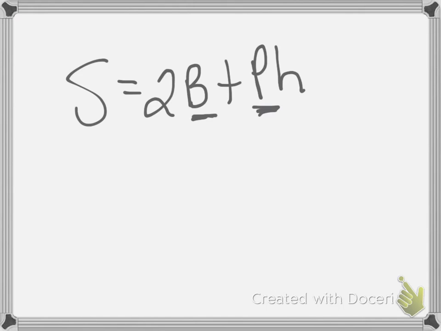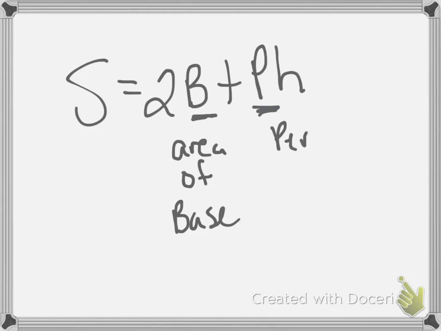Then this P right here is the perimeter of the base. The H, of course, is the height of the 3-dimensional shape. So since it's a prism, you can have the triangular prism or you can have the regular rectangular prism. And that's what 1, 2, and 3 say right there.